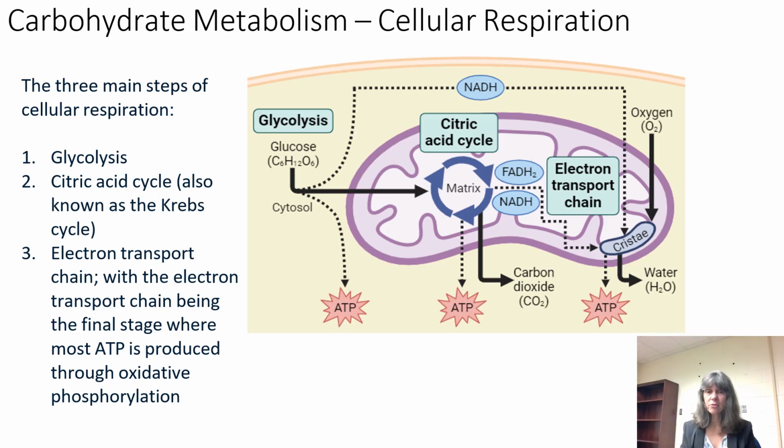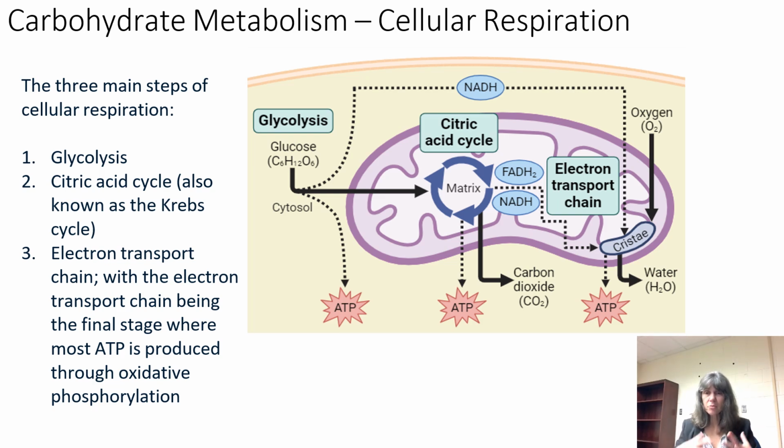It's got an outer membrane and an inner membrane. The inner membrane in the mitochondria is where we have a lot of different enzymes embedded, just like we have proteins embedded in plasma membranes on the surface of the cell. In the mitochondria, we also have enzymes embedded on that inner membrane to help these chemical reactions occur.